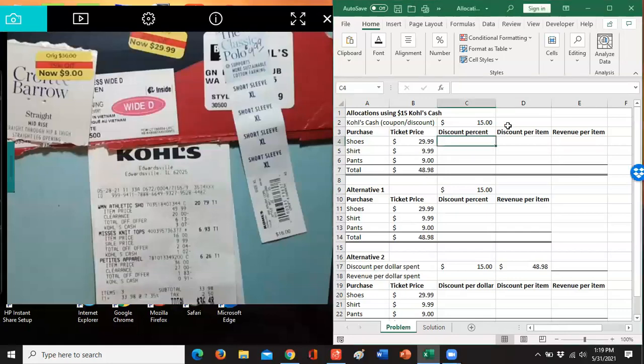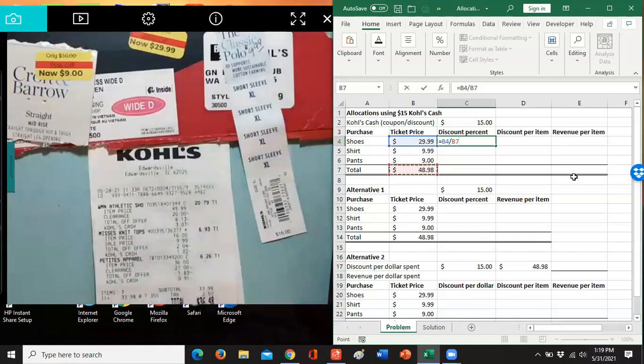What you do to allocate, I've got this $15 coupon that I have to allocate across my 3 items. I need to take my $29.99. I need to know what each item is as a percentage of the total that I should have paid. The $29.99 divided by the $48.98 is the percentage to be allocated that goes to the shoes.